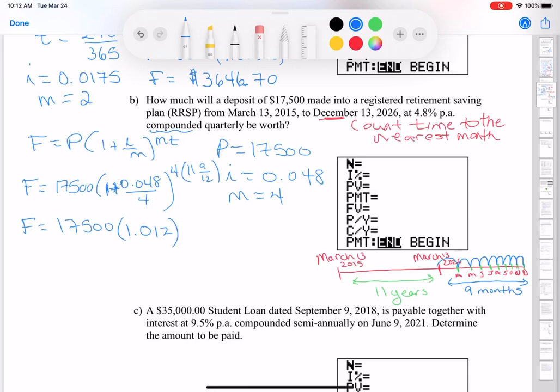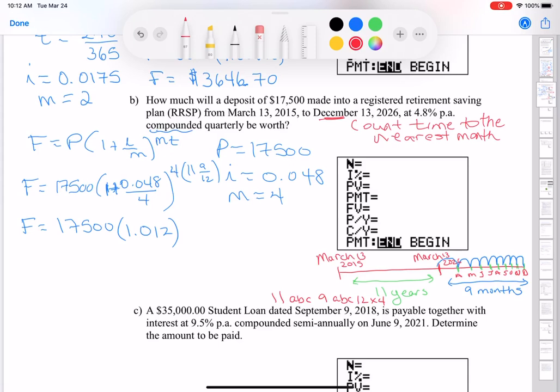So we may consider simplifying this down a little bit in a number of different ways. We could take our calculator and use our fraction key and go 11, 9 over 12, and then multiply that by 4 to get our exponent.